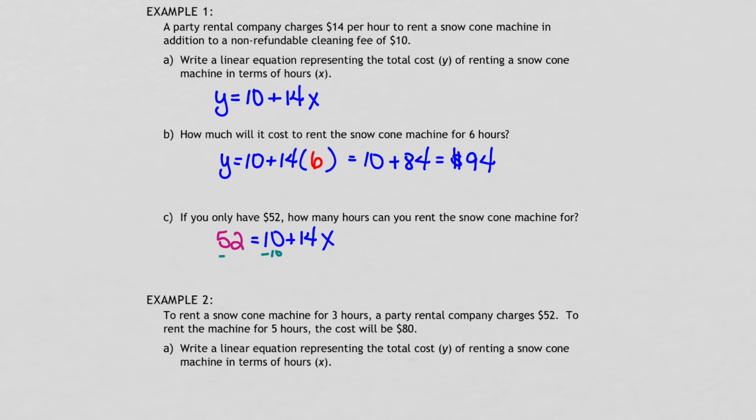Subtract 10 from both sides. We'll have 14x equals 42. And divide both sides by 14. We can rent this machine for 3 hours.